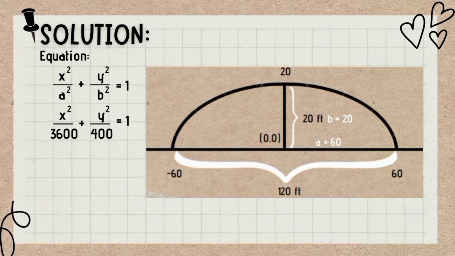As I said earlier, a is equal to 60, b is equal to 20. Substituting, we get x squared over 60 squared plus y squared over 20 squared is equal to 1. It will give us x squared over 3,600 plus y squared over 400 is equal to 1.